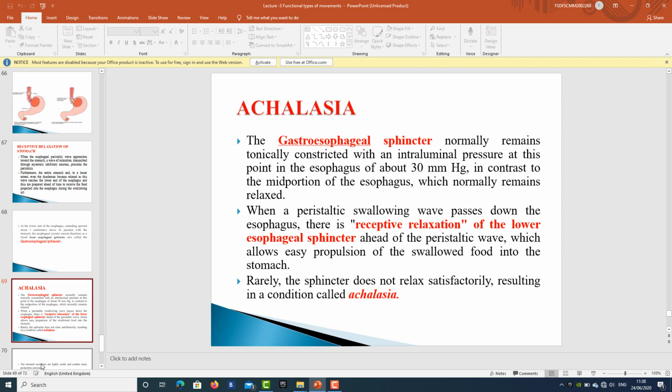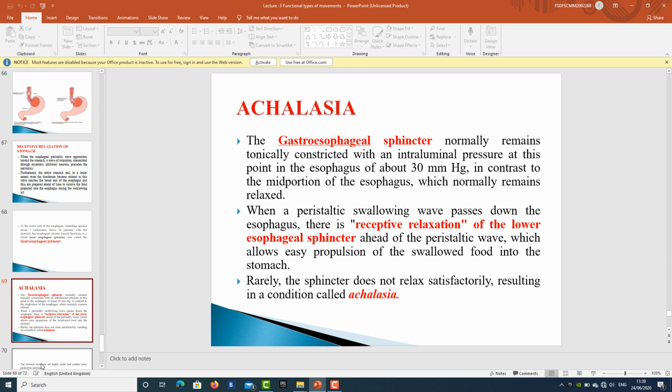The gastroesophageal sphincter normally remains tonically constricted with an intraluminal pressure at this point in the esophagus of about 30 millimeters of mercury, in contrast to the mid portion of the esophagus which normally remains relaxed.